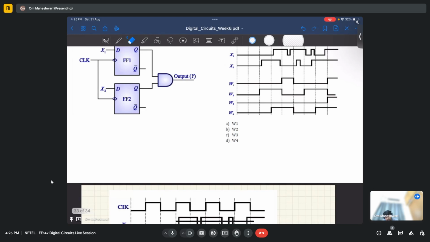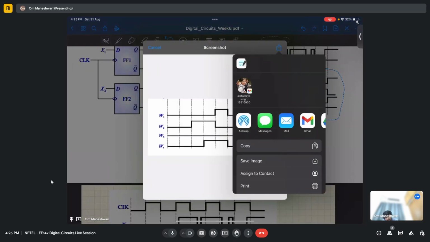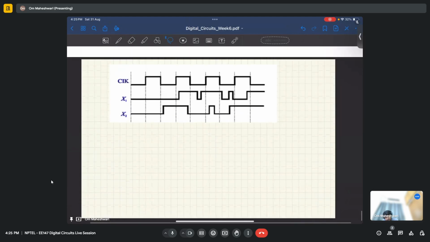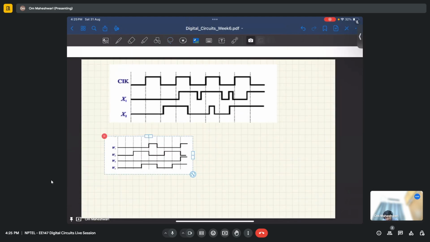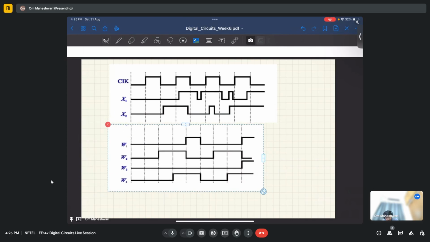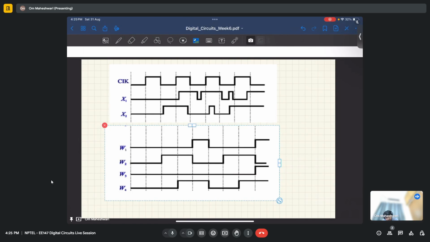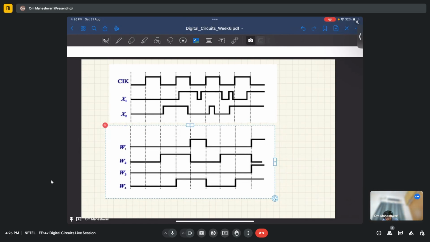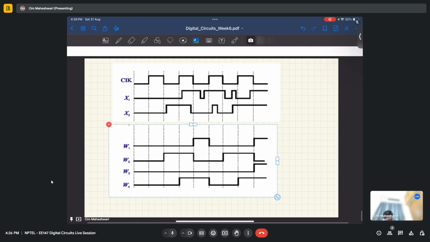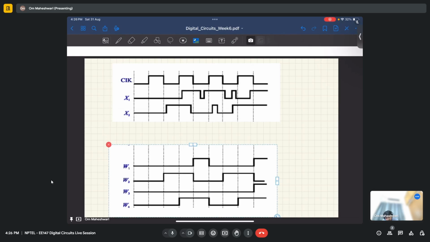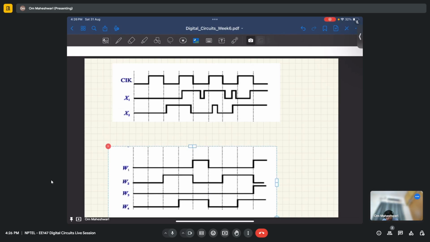Copy the second part also. Try to match these lines.